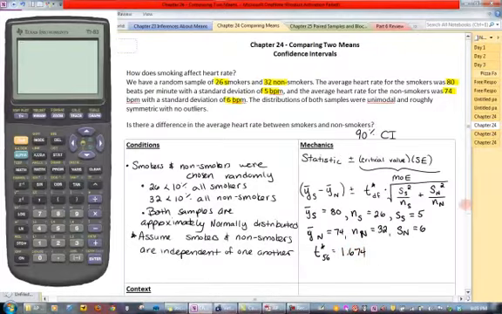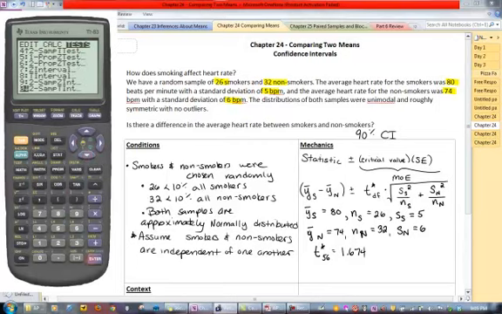Now we can just go to our calculator and have it do the confidence interval for us. Stat, tests. And we want to scroll down until we get a 2-sample t interval. We have statistics, and luckily I have what we had in there last time, so I've already got everything entered in. We want a confidence level of 0.9, or 90%.